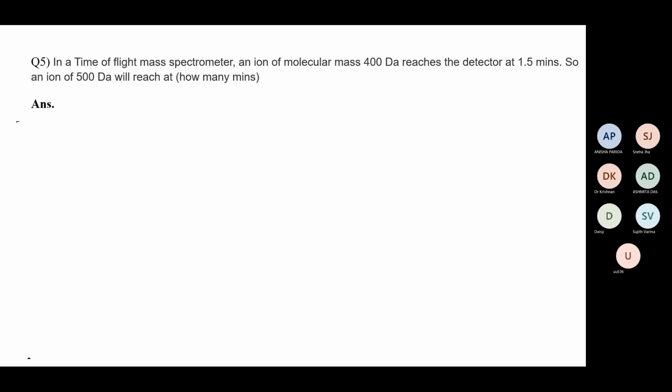Okay. Okay, just a minute. The slide is visible, right? Or is the slide also not visible? Yes, the slide is visible. Okay, just a minute.